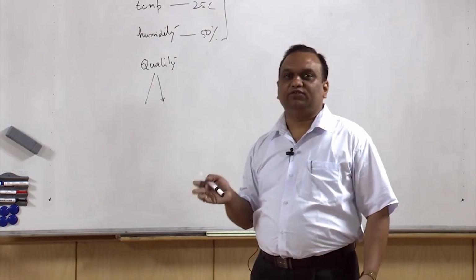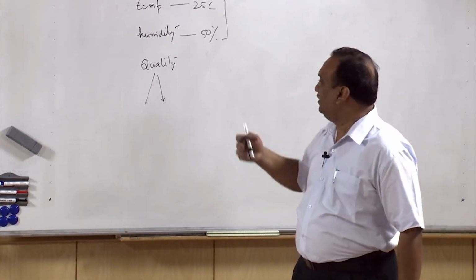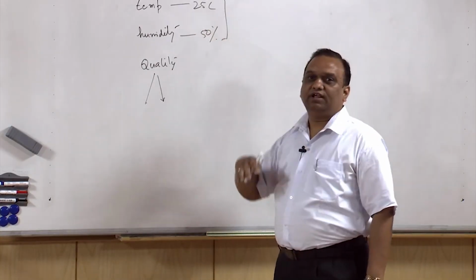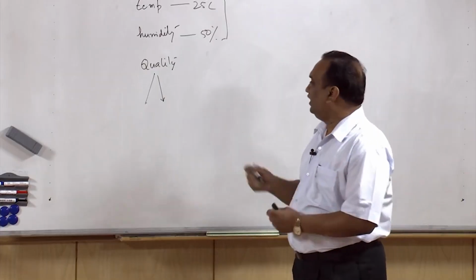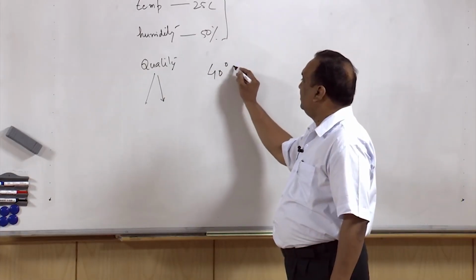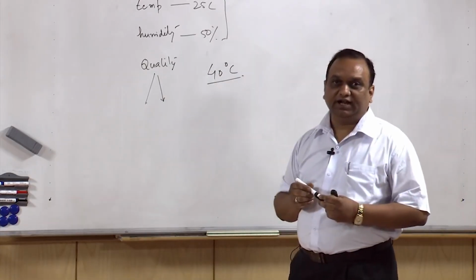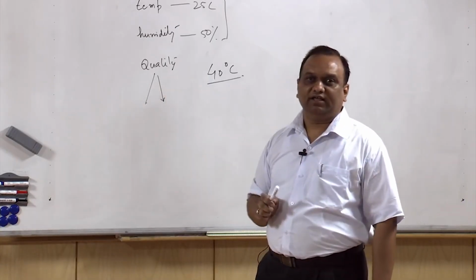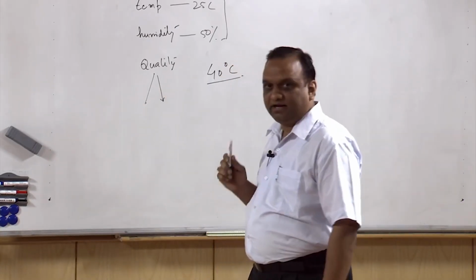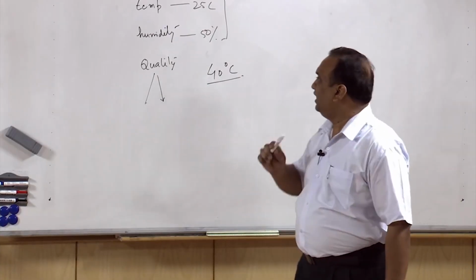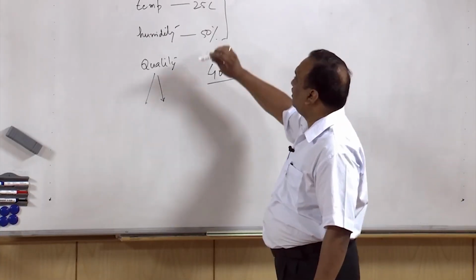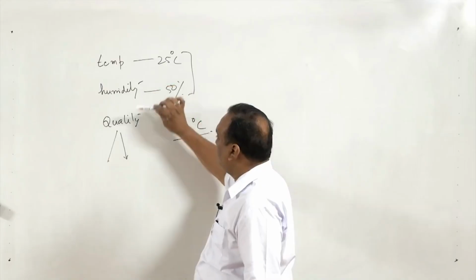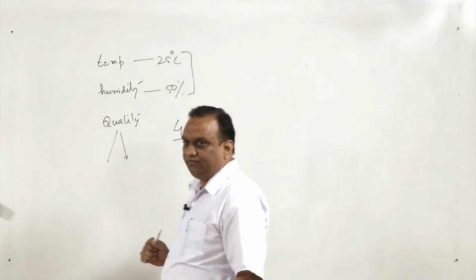It happens like this: you are sitting in an air conditioned environment, temperature is 25 degree, you are not feeling comfortable, but when you go outside temperature may be 40 degrees centigrade, but you feel very fresh. That is due to excess of carbon dioxide in the closed environment. So air conditioning, I am repeating, involves not only control of temperature, humidity, but also quality of air.